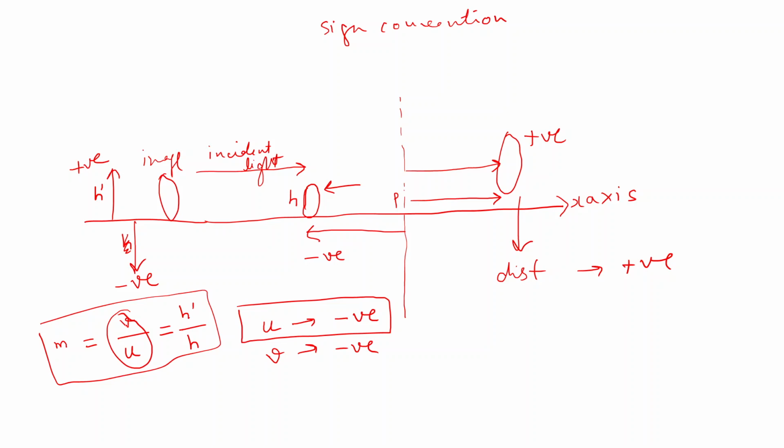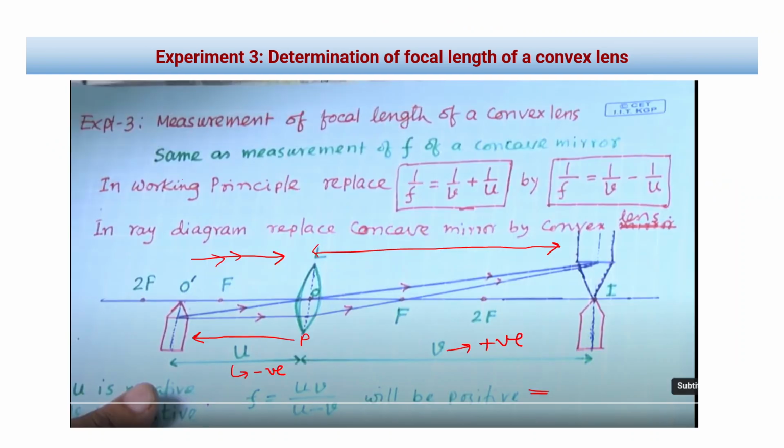So now we'll be using this property. Don't get confused that there is some mistake, because here h is height of the image but v is the distance of the image from the pole, but their ratio also gives us the magnification. So we'll use this property now.